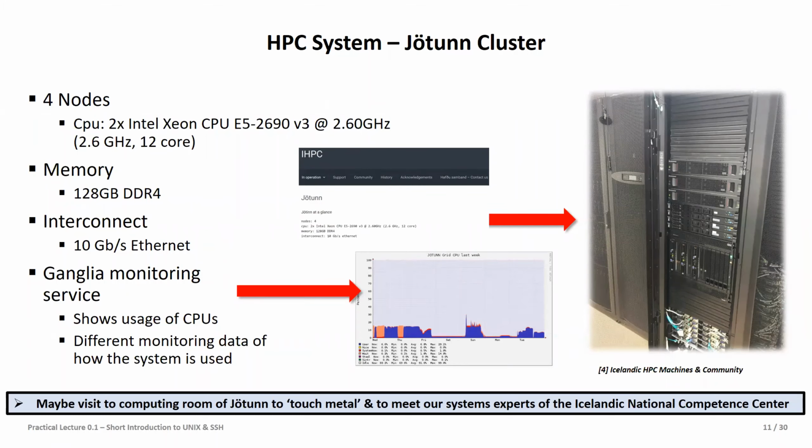But in the moment already, what you can see is the two HPC machines which are operated here. You can go to this webpage and see Jötun, of course, which is our test cluster, but you also can use, of course, then Gaia if you are becoming more and more an expert in HPC and really know what you're doing in terms of your parallel application. You can also aim to get some time on Gaia.